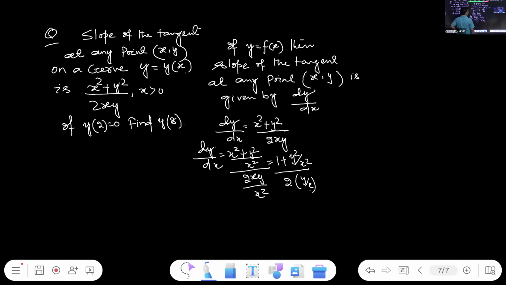Now substitute y by x is equal to v. This implies y is equal to vx, and dy upon dx is equal to v plus x dv upon dx.